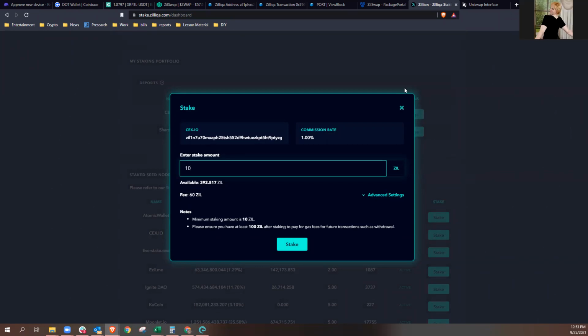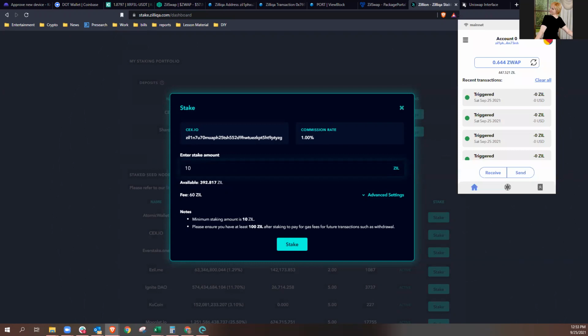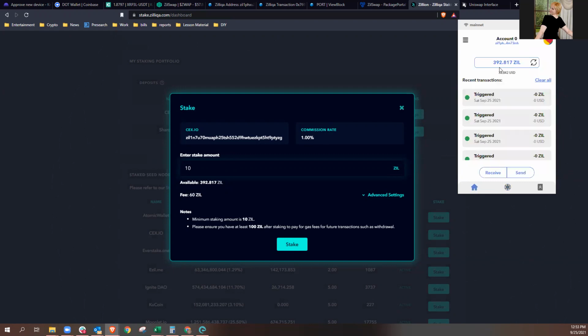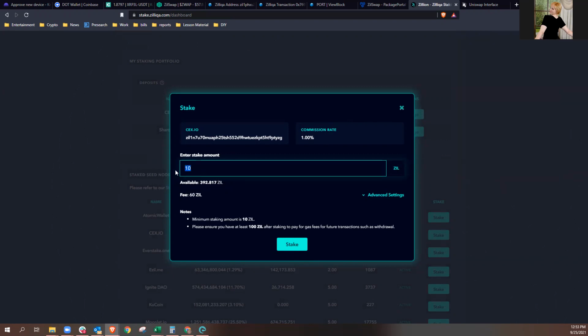So like 425, because I only have 505 ZIL at the moment. If I just do 425, that should leave me plenty of ZIL to pay the fee. Yep. I have 392 ZIL, so I would pledge 330.